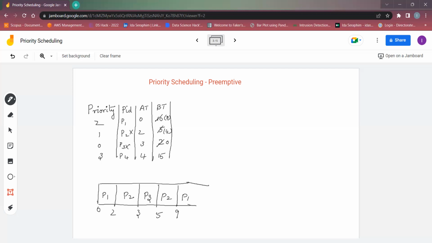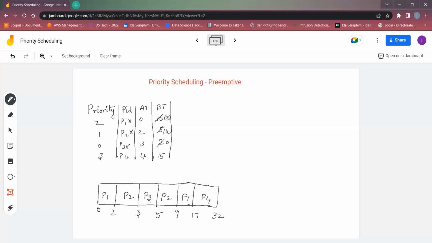There are 8 more milliseconds left, so 9 plus 8 is 17. The final process to execute is P4. P4 takes the CPU and executes, and 15 milliseconds are left. So 17 plus 15 is 32 milliseconds.